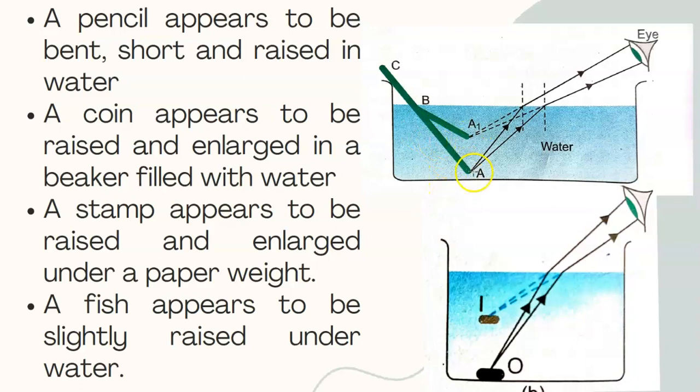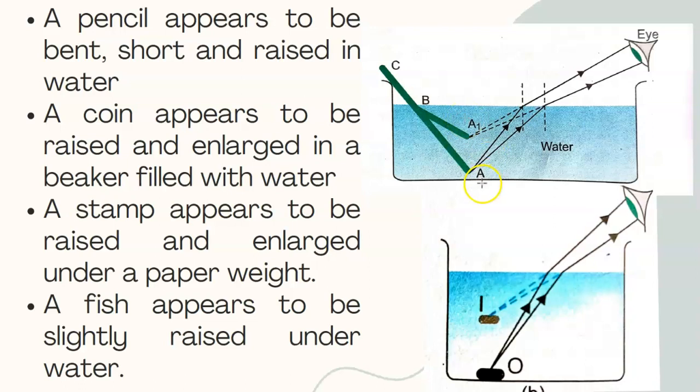So this lowermost position, shown as A, is the real depth of the pencil inside water, while the position shown as A1 is the apparent depth of that pencil inside water.